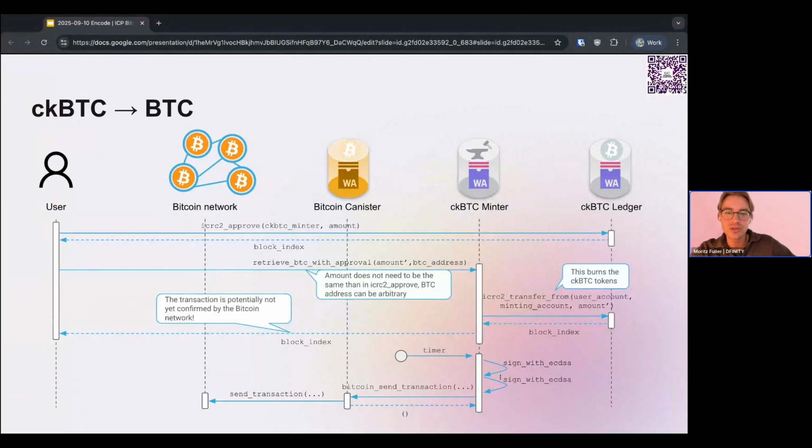In addition to specifying the withdrawal amount, we also specify the address on the Bitcoin network that we want to receive the Bitcoin to. Then, in the next step, the ckBTC minter tries to transfer the ckBTC on your behalf from your account. If that works, because it's a minter, this counts as a burn, so those ckBTC tokens stop existing.